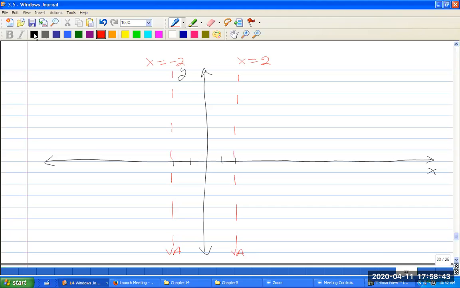Okay, I have here x minus 2. Even at that, it's going to be hard to sketch it. Okay, so this is a slant asymptote, the graph of y equals x minus 2.